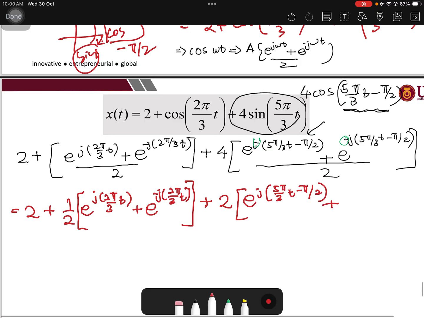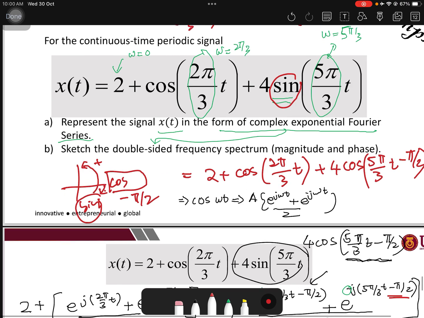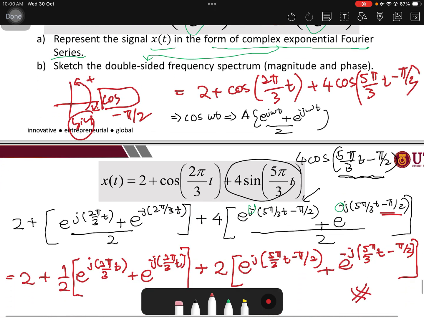From here you already get the first question, representing the signal x(t) in the form of complex exponentials.